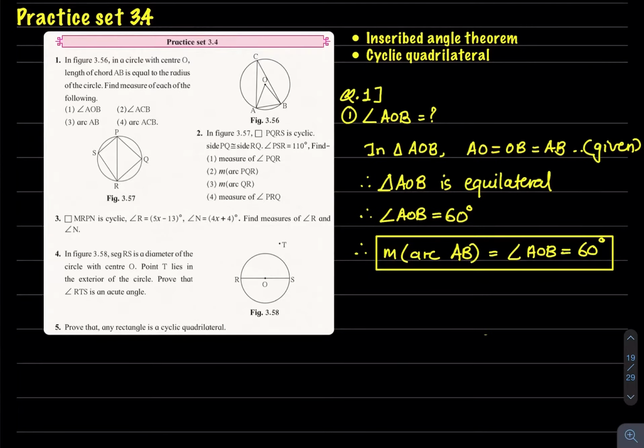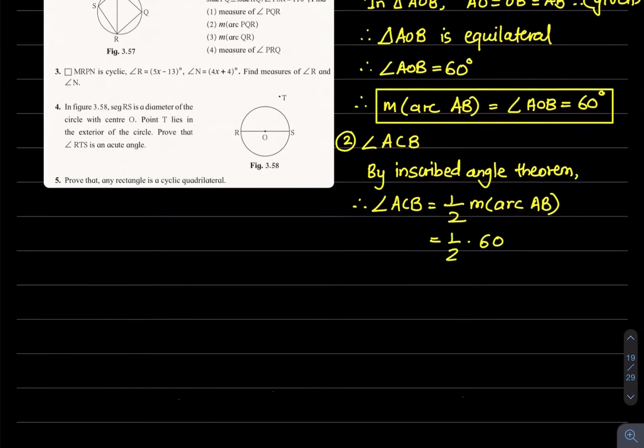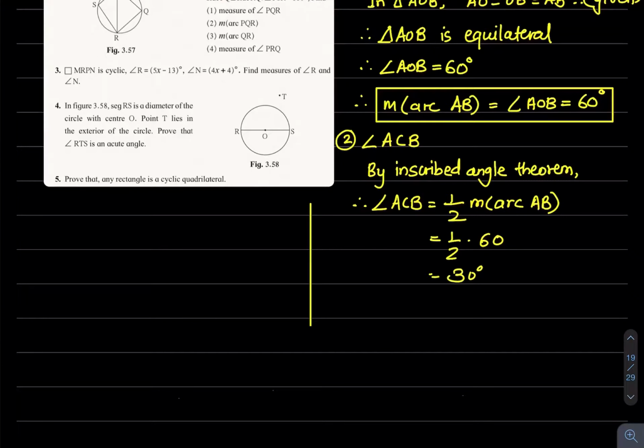Now for the second problem, angle ACB. See here, angle ACB is the inscribed angle. So to find angle ACB by the inscribed angle theorem, we get angle ACB equal to half of the measure of arc AB, and measure of arc AB is 60 degrees. So angle ACB will be half into 60, which is 30 degrees.